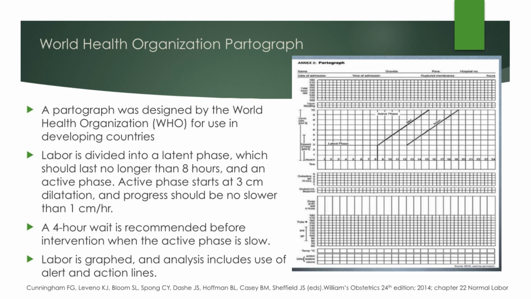A 4-hour wait is recommended before intervention when the active phase seems to be slow, and labor is graphed, such as this one in the picture, and analysis includes use of alert and action lines.